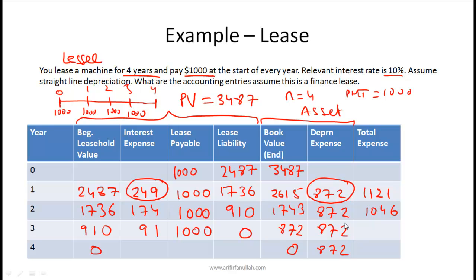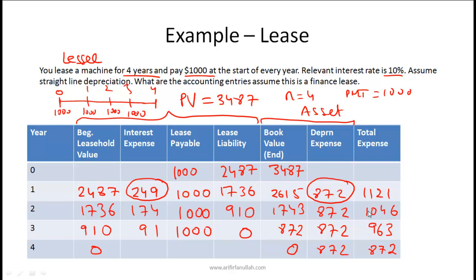In year 3 we have 963, and in year 4 the only expense is the depreciation expense, which is 872. So these are the expenses related to the finance lease that you will see on the income statement over the 4 years.